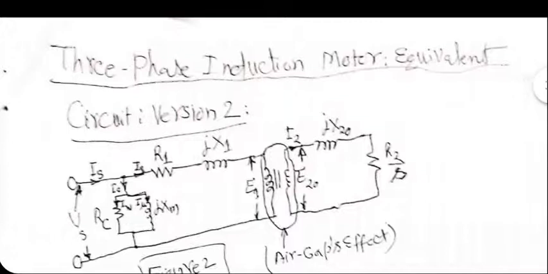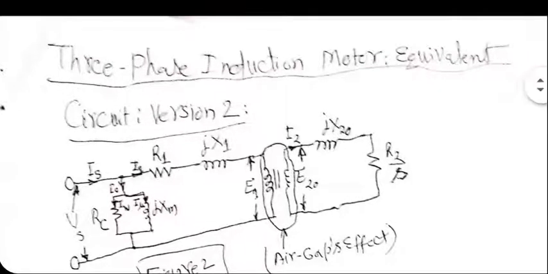Now you see on the right-hand side, I'm using the value of X2 which is at standstill, X2 naught. So F1 will be required there. And R2 upon S has come in because of the mathematical manipulations. E2 naught is also the value of E2 at F1. That means when slip is 1, F1 and F2 are the same.